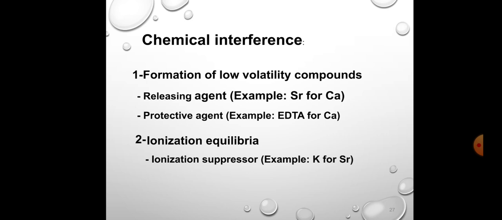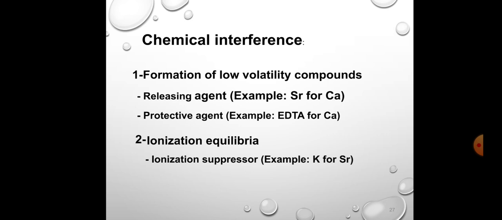For example, when you are going to measure calcium, if you add some phosphate to the solution, phosphate can interfere with calcium because calcium phosphate has low volatility, and therefore the sensitivity of measuring calcium will decrease. So this is called chemical interference due to formation of low volatility compounds.